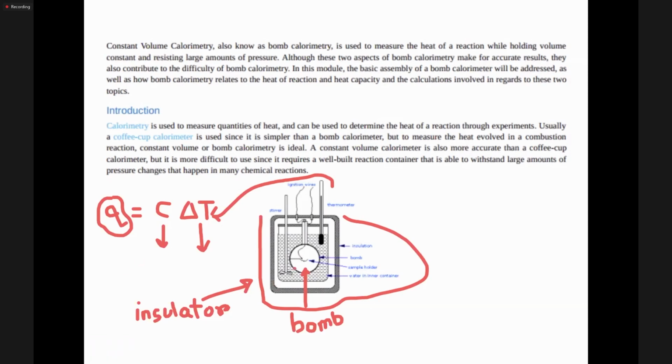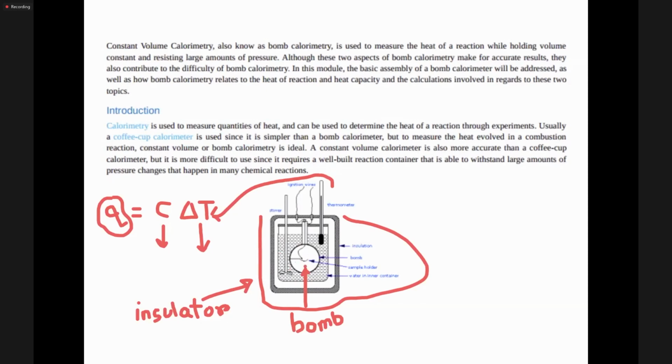So, inside the bomb, the reaction will take place. This is the sample holder on which we will put the sample. And when the sample is kept over here, this is the stirrer which will keep stirring the water so that the homogeneity of the temperature throughout the water is maintained.